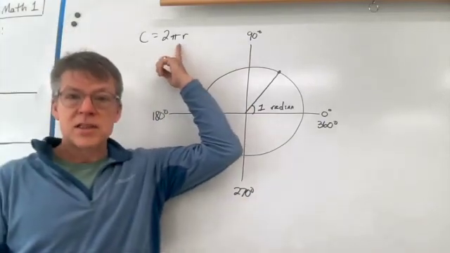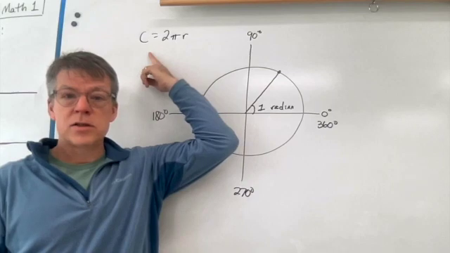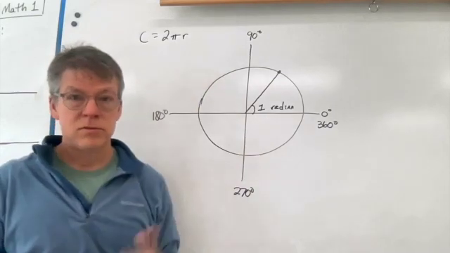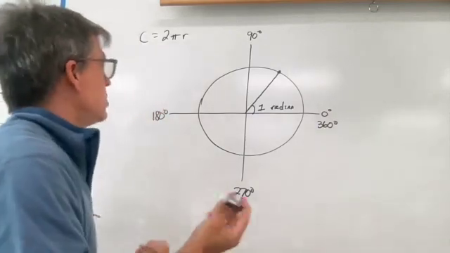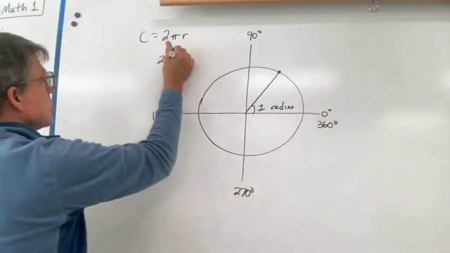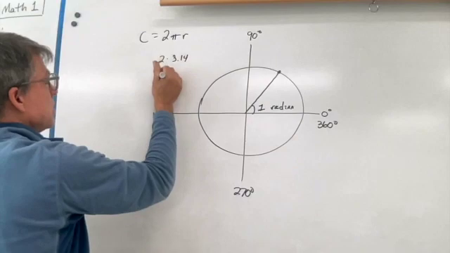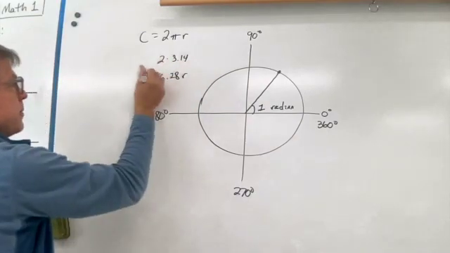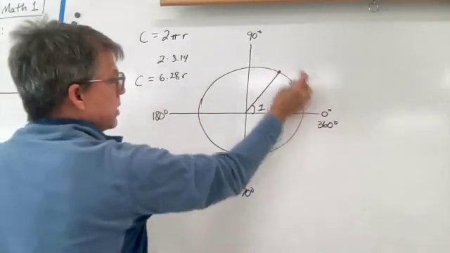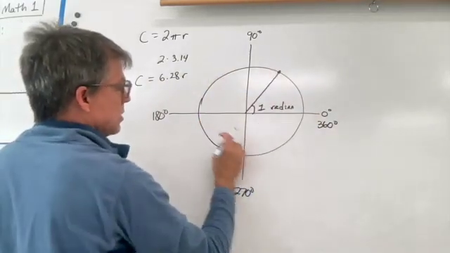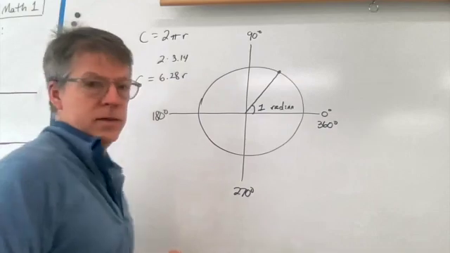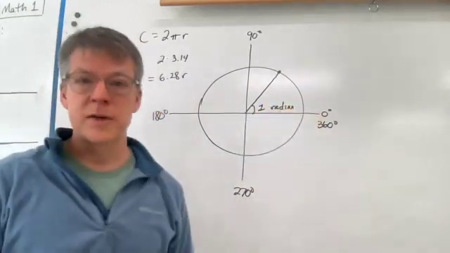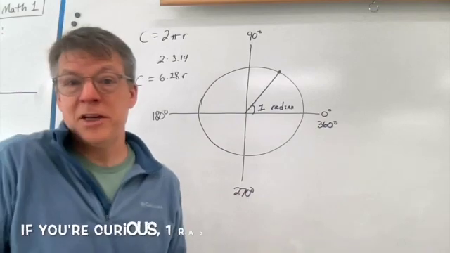How many radiuses does it take to go all the way around a circle? Isn't it 2 pi of those radiuses? So 2 pi, that's 2 times 3.14-ish, so that's about 6.28 radiuses, give or take, right? So about 6.28 of these will get me all the way back to the 0 mark, okay? That's a radian.